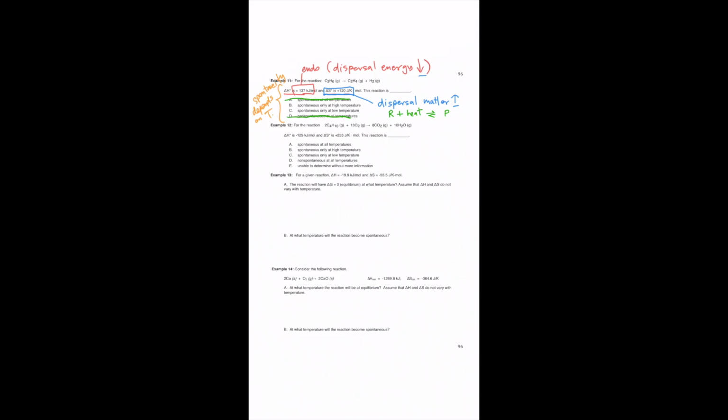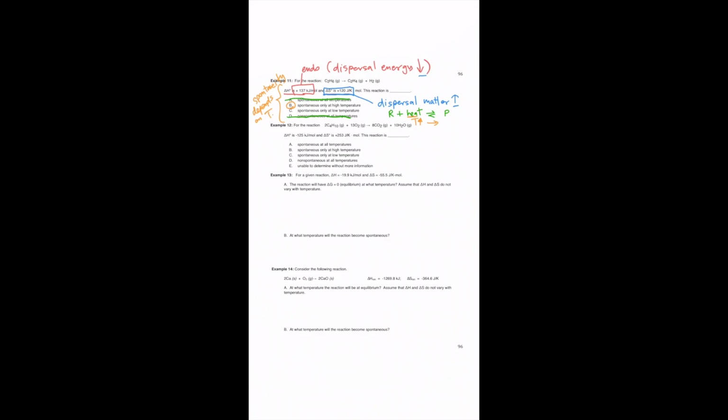Therefore, to push the reaction forward, you will need high temperature, because at high temperature you are increasing heat, and the reaction will then shift toward more of the product. Therefore, it's going to be spontaneous in the forward direction at high temperature. So the answer would be B. Let's pause the video and complete example 12, and then resume the video again when you finish.